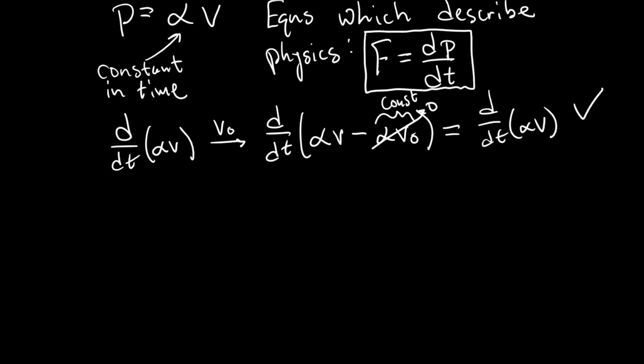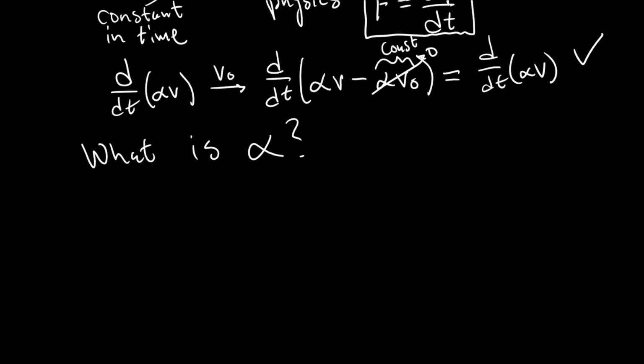So now the question is, what the heck is alpha? What do we choose? This is some value that we've introduced that we have the freedom to choose. So again, let's consider a few options. The first is probably the simplest, in which case let's just set alpha equal to 1.